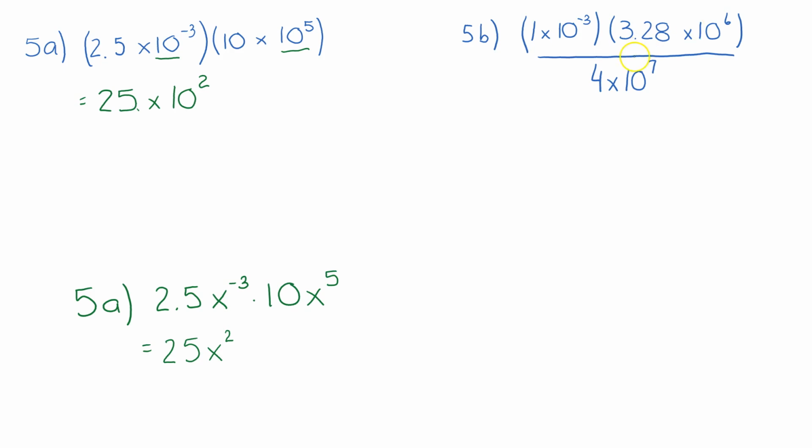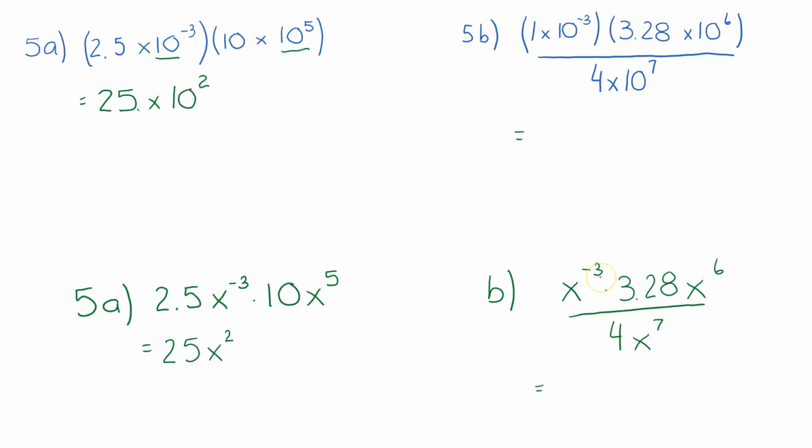So let's look at this next example here. I'm going to just do the same thing I did last time. I'm going to rewrite this as 0.2 over 4x to the 7. Again, I'm going to apply my exponent laws.